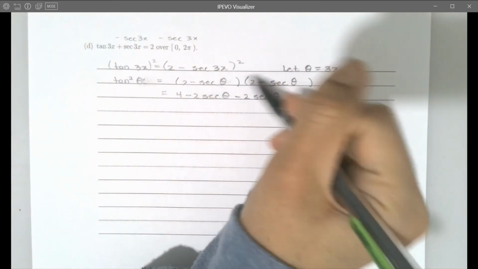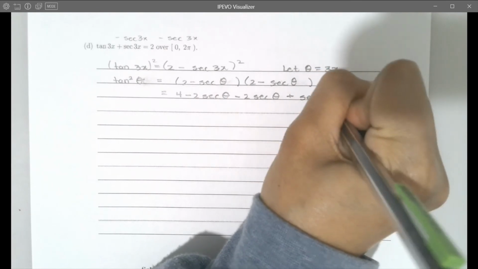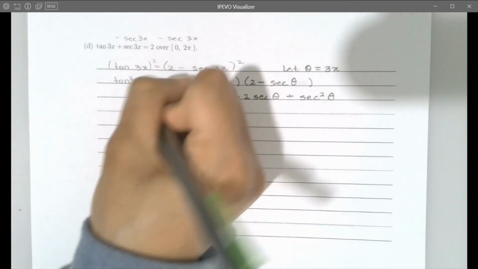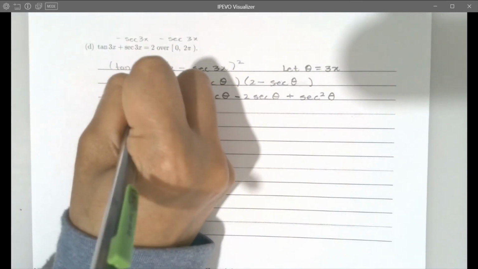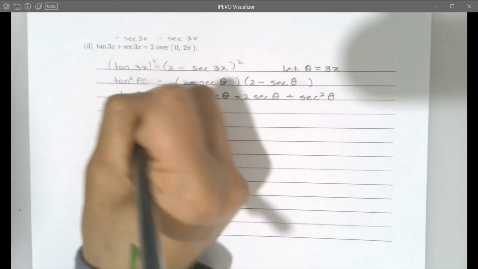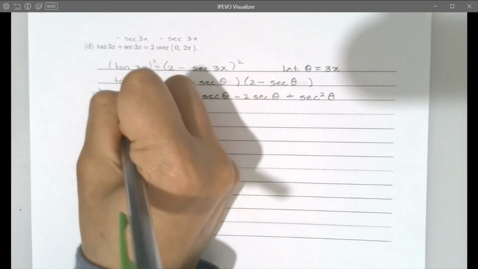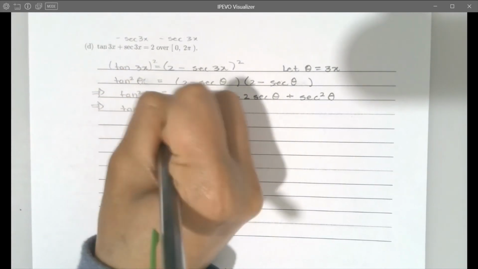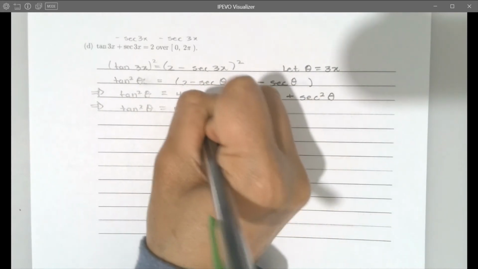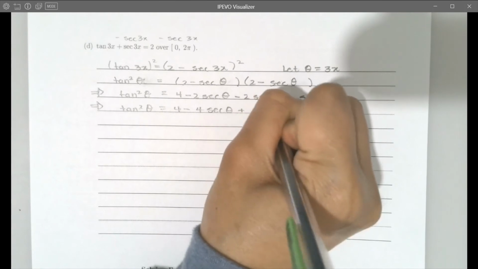Then secant times secant, negative times negative becomes positive, and we'll have a secant squared theta. We're going to combine the like terms, and we're going to get tan squared theta is equal to 4 minus 4 secant theta plus secant squared theta.